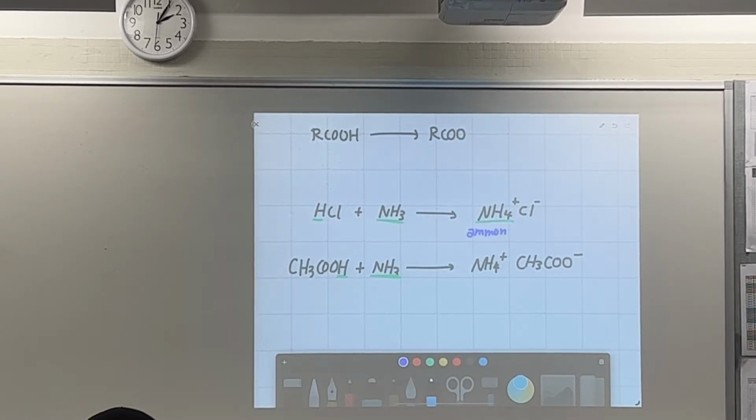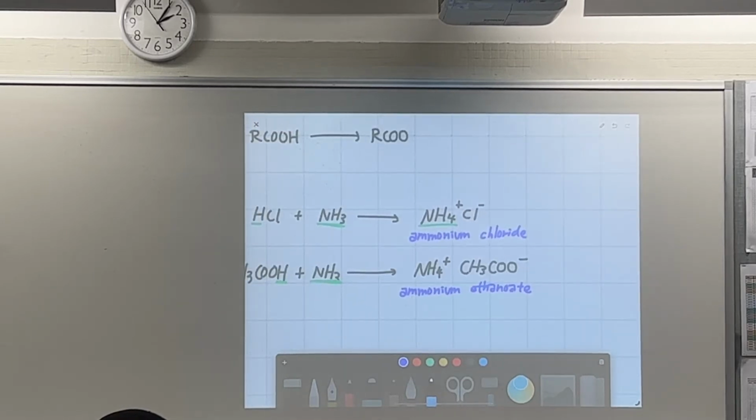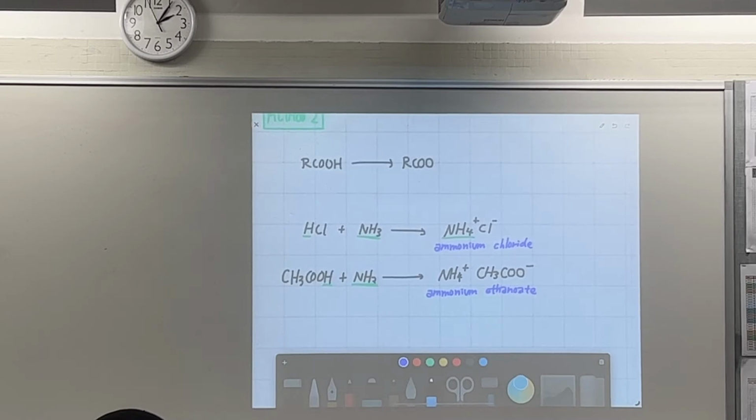Ammonium. What is CH3COOH, the acid, called? Ethanoic acid. So this will be called ethanoate. Ammonium ethanoate. Yes, I know, you learned this a long time ago in secondary school.